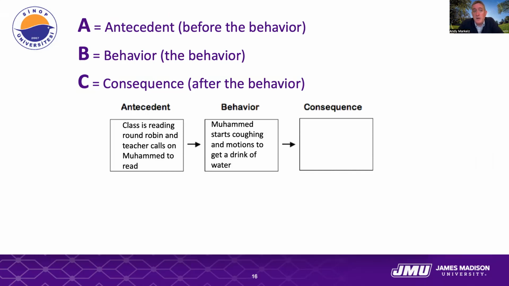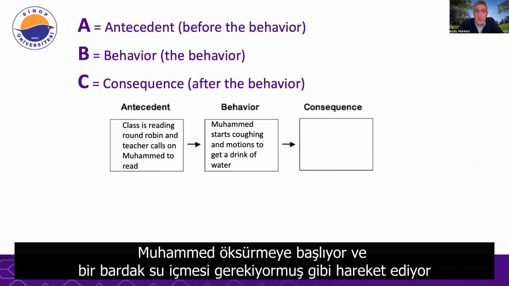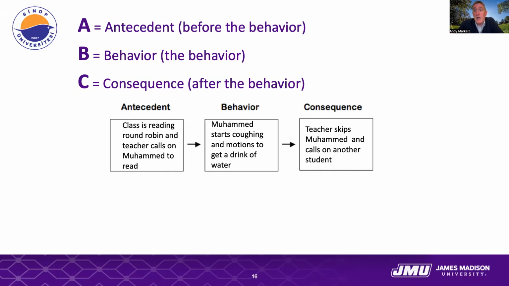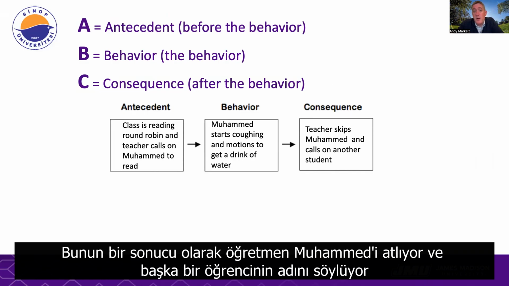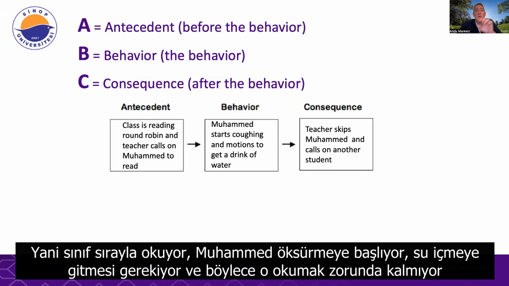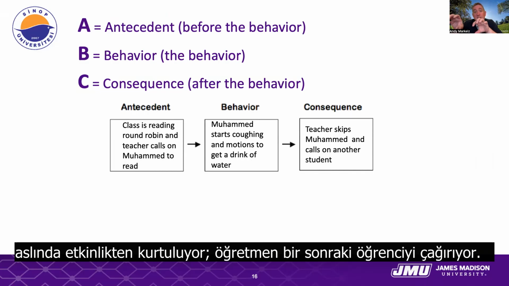Well, Mohammed starts coughing, and he motions like he has to go get a drink of water. As a consequence of that, the teacher skips Mohammed and calls on another student. So he doesn't have to read. He actually gets to get out of the activity. The teacher calls on the next student.